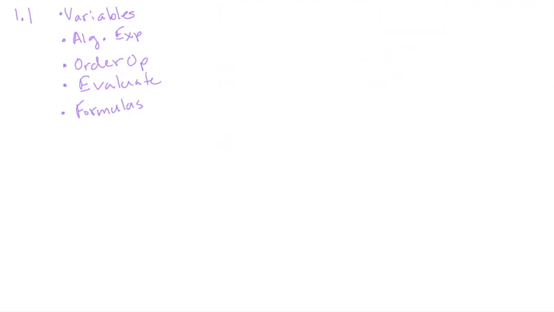So this will be example 1. For example 1, we've got: evaluate (a plus b) minus 2 squared, if a equals 3 and b equals 6.